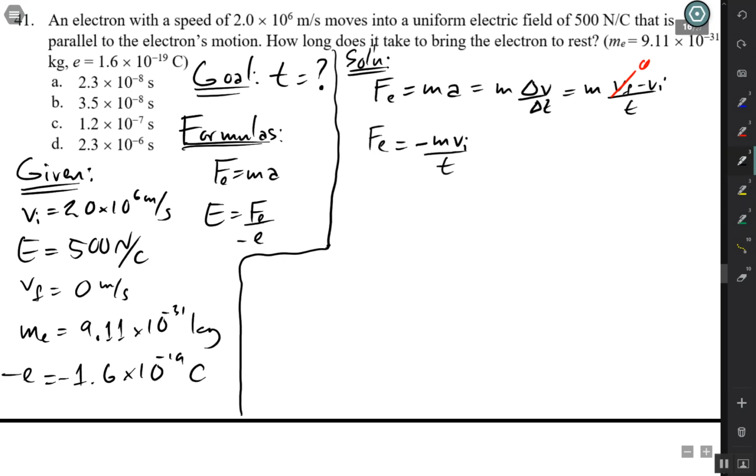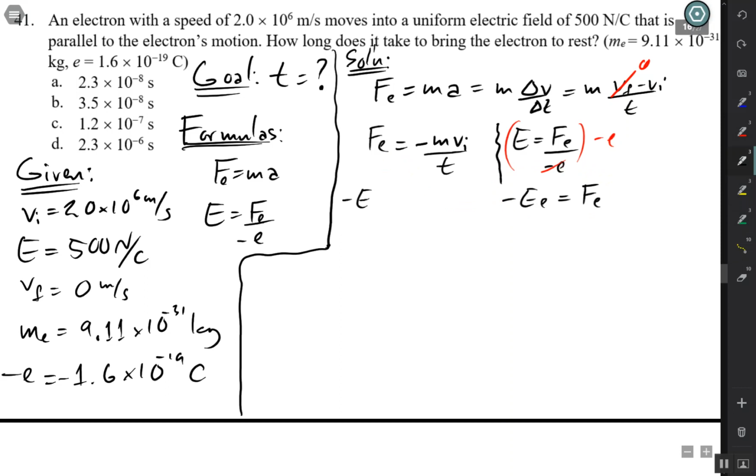And then electric field. But using our second equation, E equals FE over negative E, we'll multiply both sides by negative E, and I'm going to get the fact that negative E is equal to FE. Okay? I'm going to plug this right in there.